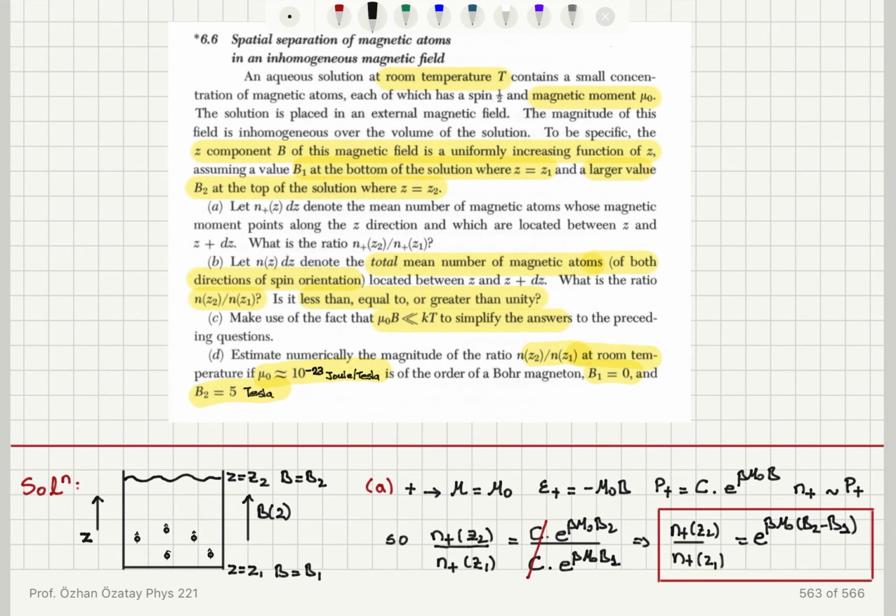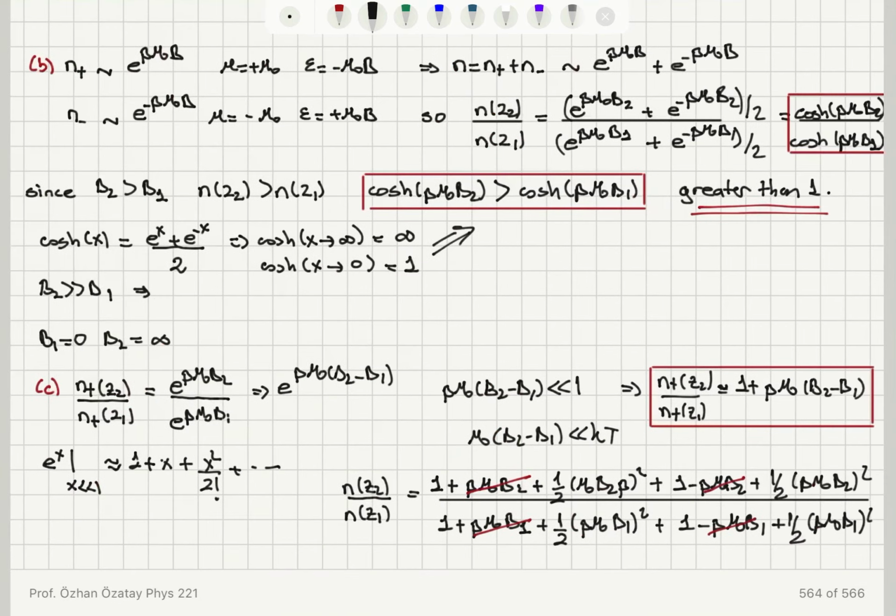So the magnetic moment is pointing up, the energy is minus mu 0 B, the Boltzmann factor is e to the beta mu 0 B, and the mean number of atoms is proportional to the probability of occupancy of the energy level. So we have the ratio e to the beta mu 0 B2 over e to the beta mu 0 B1.